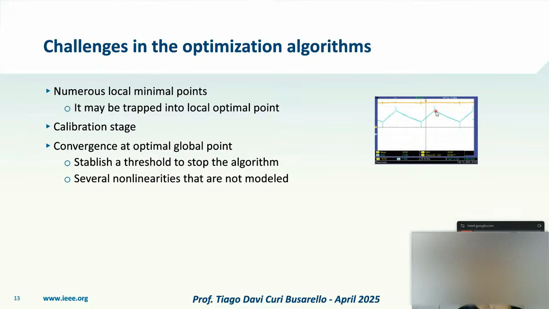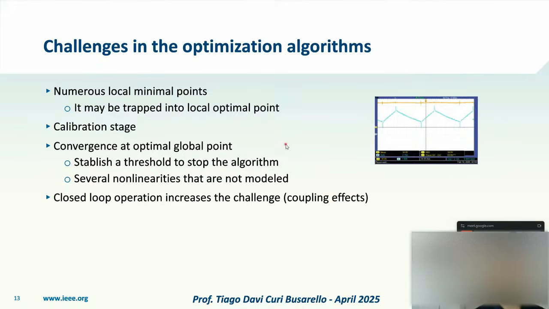In order to make this converge, we need to establish a threshold to stop the algorithm. At some point, you need to consider, okay, stop the algorithm here, because this is enough for our digital twin technology. Again, because there are several nonlinearities that are not modeled, and the optimization algorithm tries to make the current identical, a threshold will solve this problem.